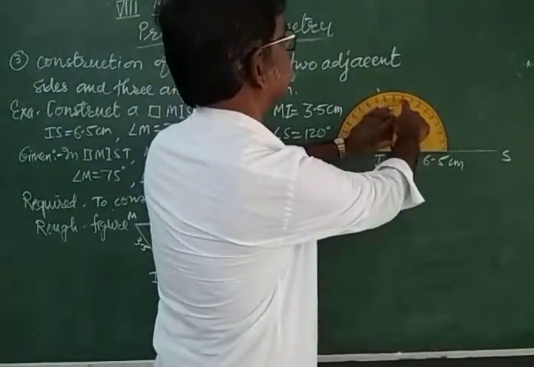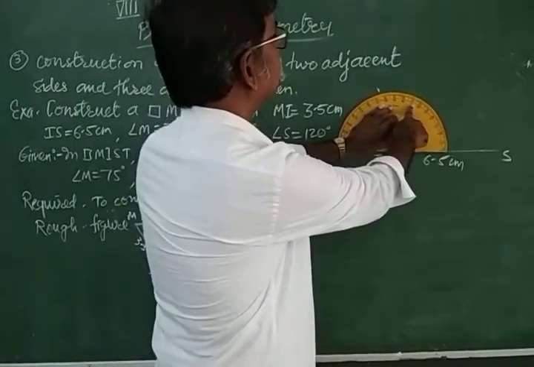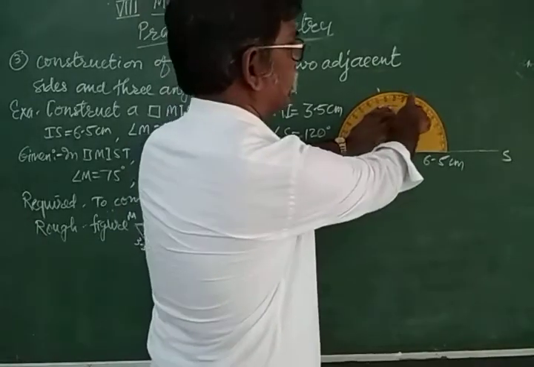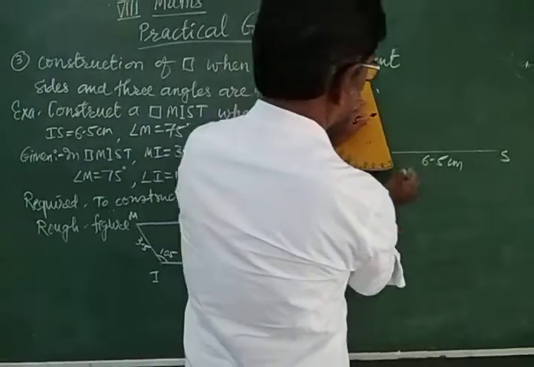This is an obtuse angle, so it will be more than 90. Otherwise, if you take 100 from this side, then this will be an acute angle.